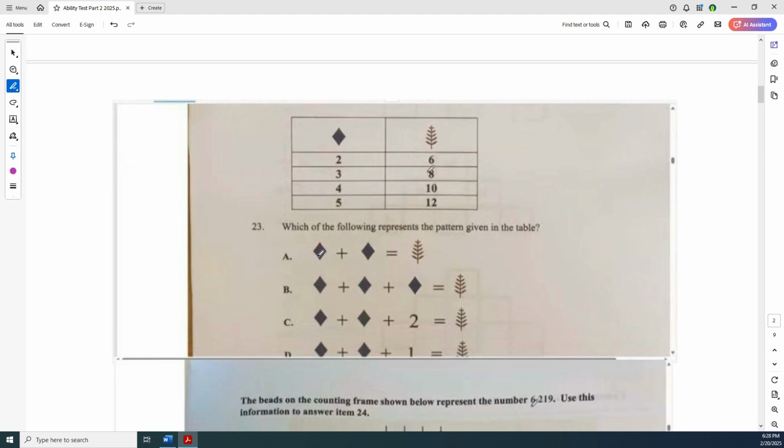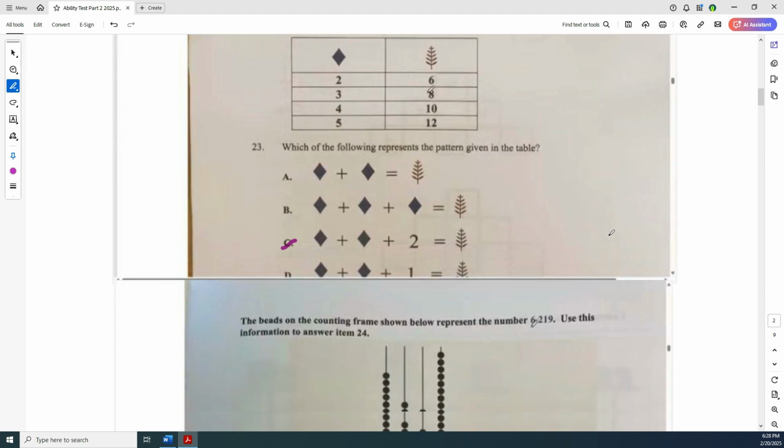So 2 of these would not be 6. 2 plus 2 is not 6. So 2 plus 2 plus 2 equal a tree. Or is it the diamond plus 2 equal a tree? I would say C, where it's 2 diamond plus 2 equal the tree.